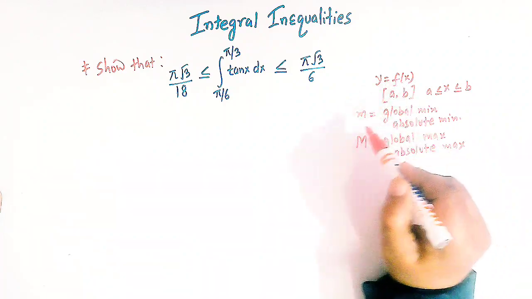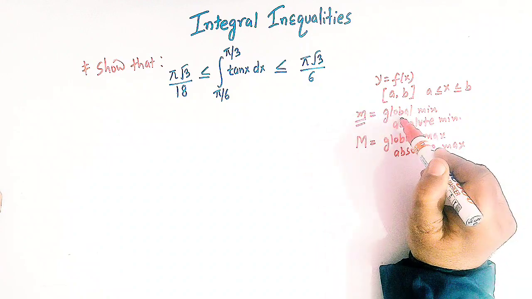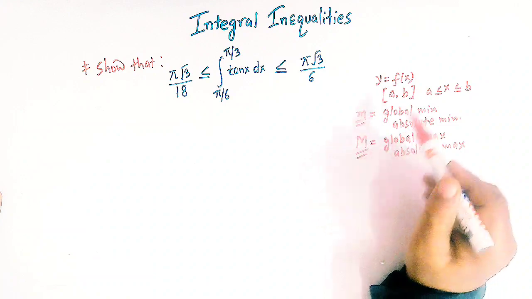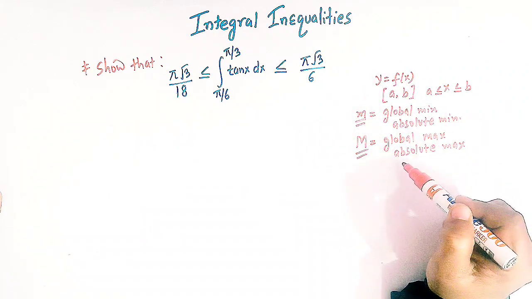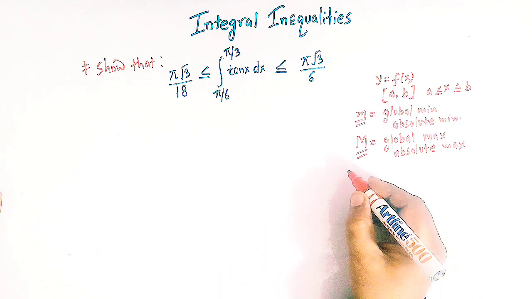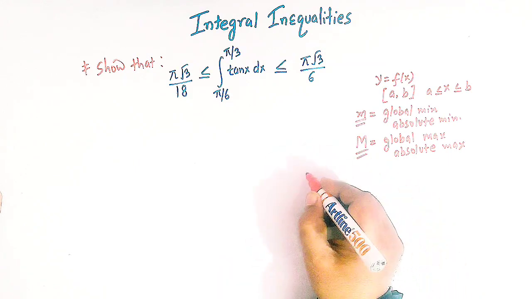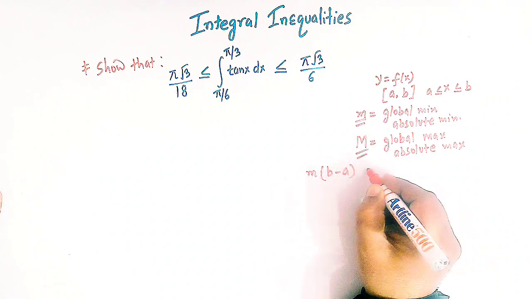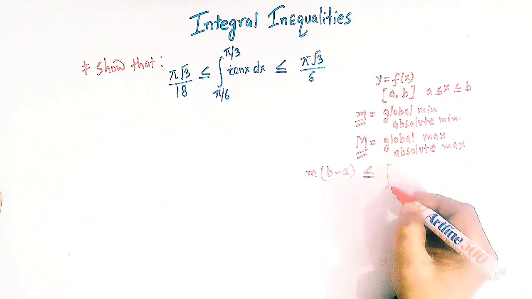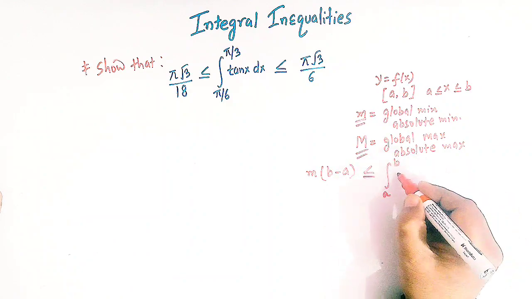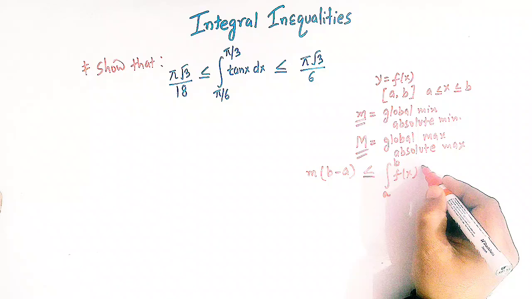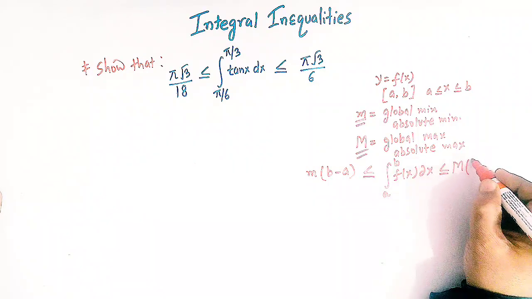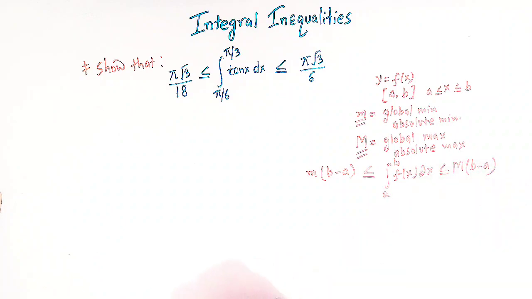If f of x has small m as global minimum and capital M as global maximum, then we have this important inequality, that is m times b minus a is less than or equal to the integral a to b f of x dx is less than or equal to capital M times b minus a, right?